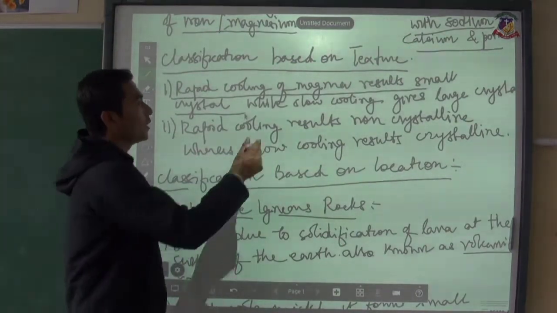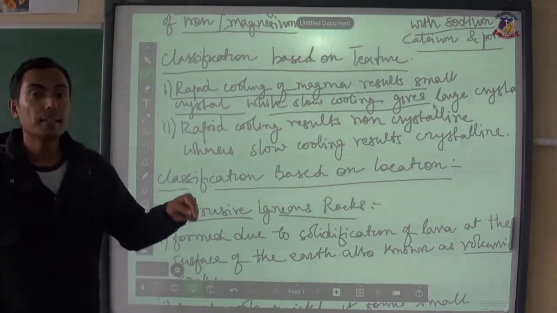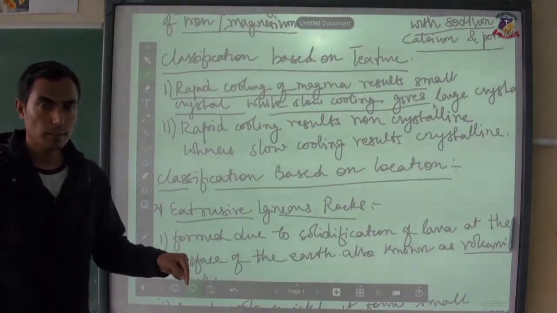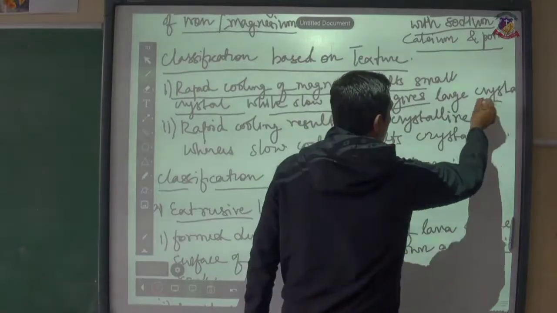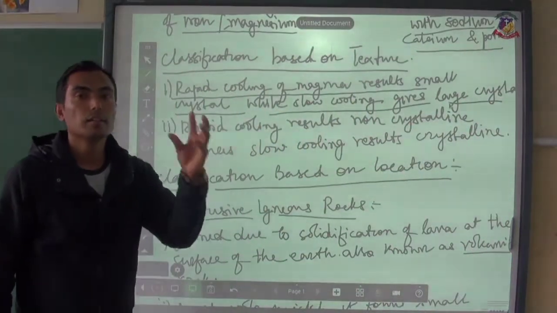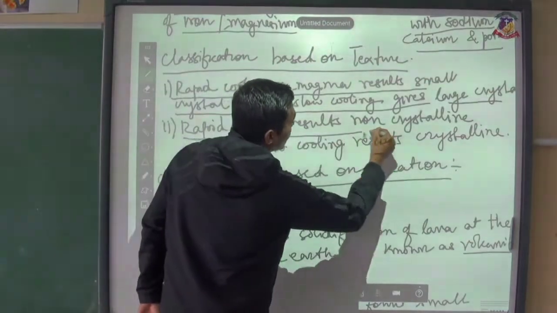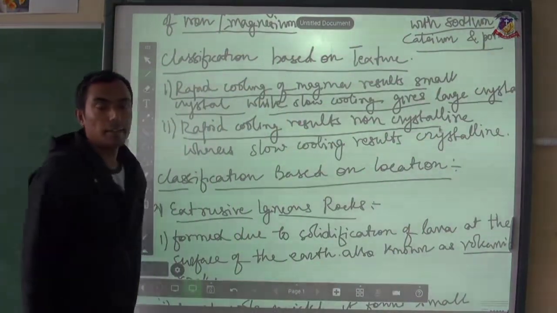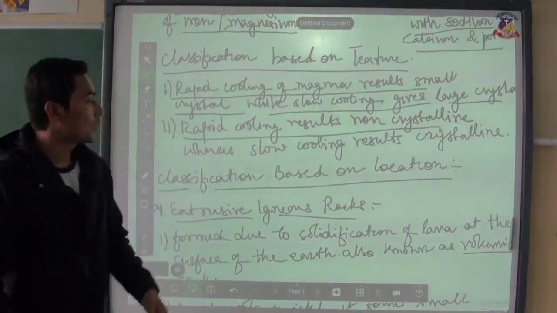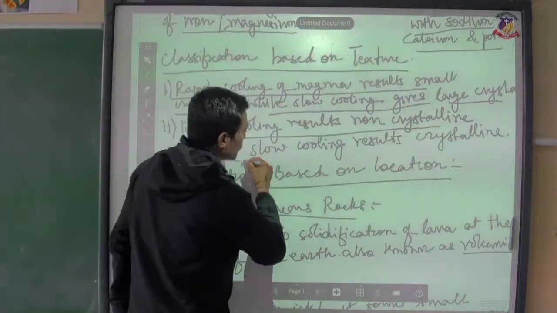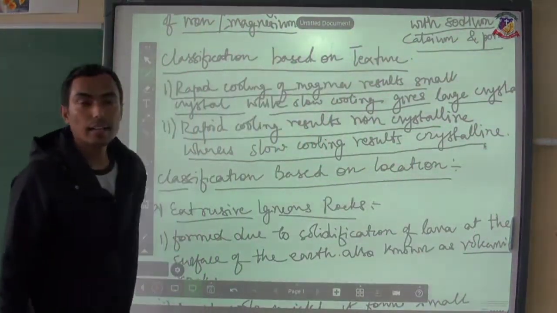And whenever it cools down slowly beneath the earth's surface, it results in the formation of large crystals, meaning the larger rocks. Next, rapid cooling results in non-crystalline rock. It means that it is not very crystalline in nature, but whenever it cools down slowly, it results in crystalline rocks.